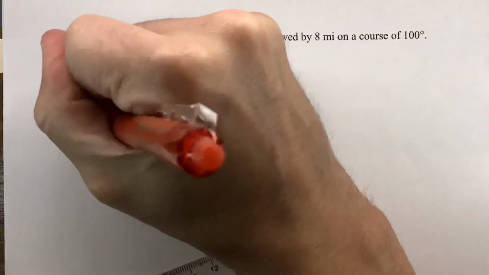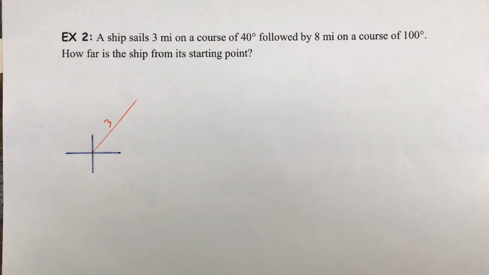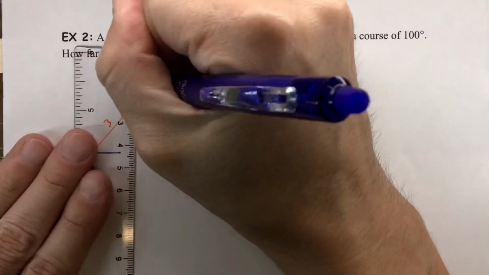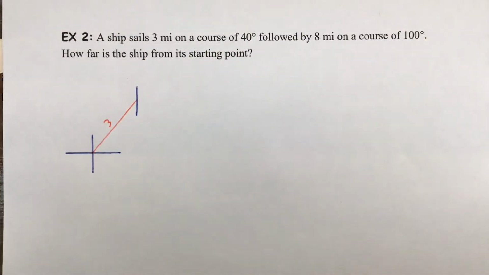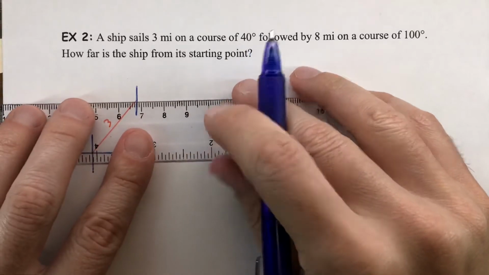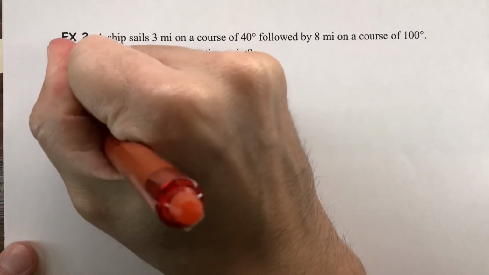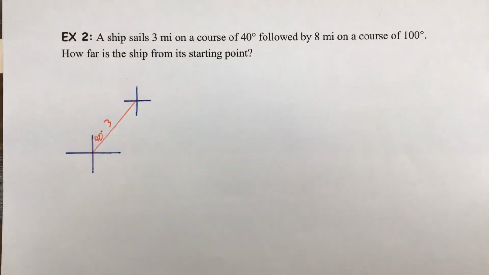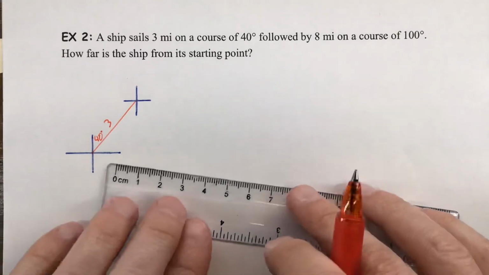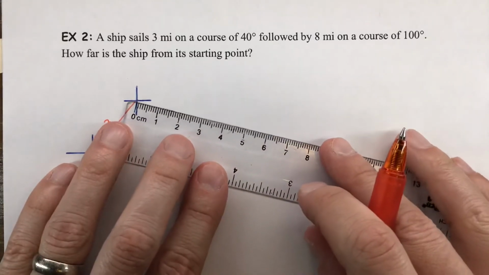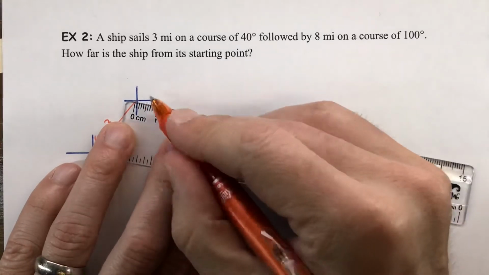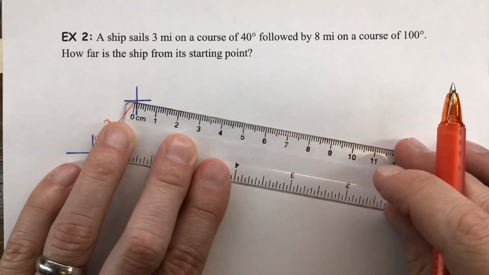So we'll say that that's 3. I should probably add in one more thing, which is that is 40 degrees. Then after that, it's going to be at 100 degrees, 8 miles. It's going to be a little bit below east, because east would be at 90.